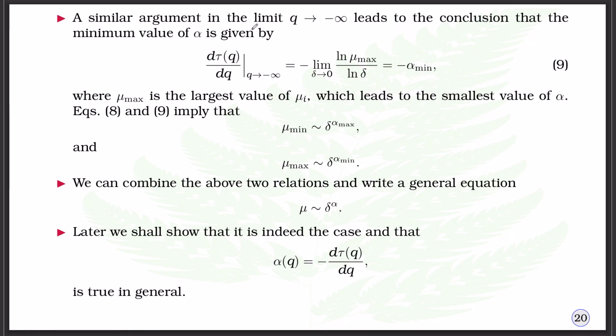A similar argument in the limit q tends to minus infinity leads to the conclusion that the minimum value of alpha is given by d tau/dq where q tends to minus infinity, equal to minus the limit as delta tends to 0 of ln(mu_maximum) by ln(delta), equal to minus alpha minimum, where mu_maximum is the largest value of mu_i, which leads to the smallest value of alpha.